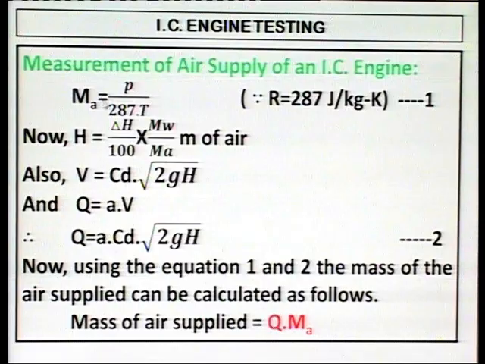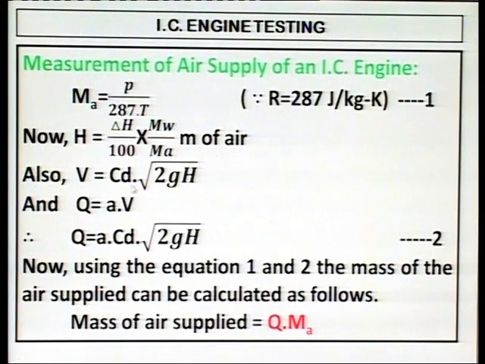Here MA is equal to P divided by 287 T, because R is equal to 287 joule per kg Kelvin. Now H is equal to delta H divided by 100 multiplied by MW upon MA meter of air.